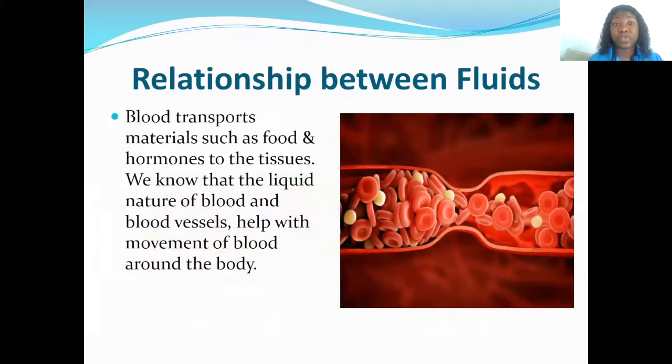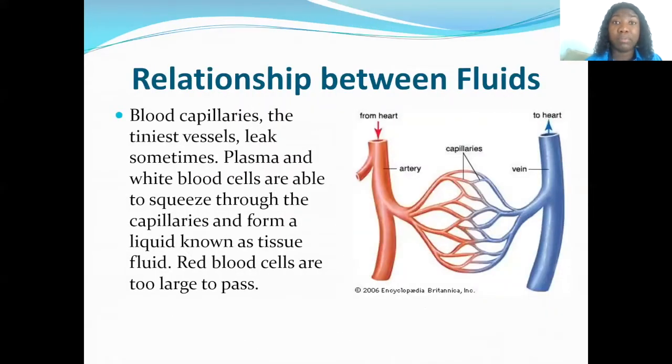So the relationship between the fluids. Let's look at blood. Blood transports materials such as food and hormones to the tissues. This we already know. We know that the liquid nature of blood and blood vessels help with the movement of the blood around the body. The blood capillaries, which are the tiniest vessels, leak sometimes.